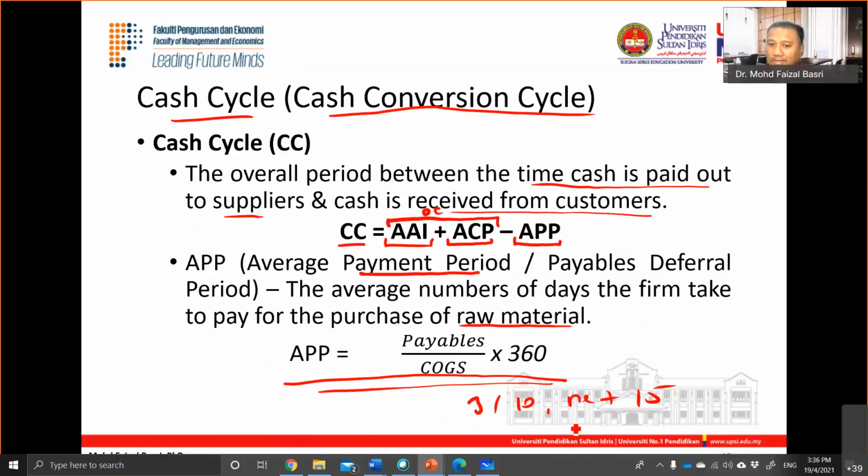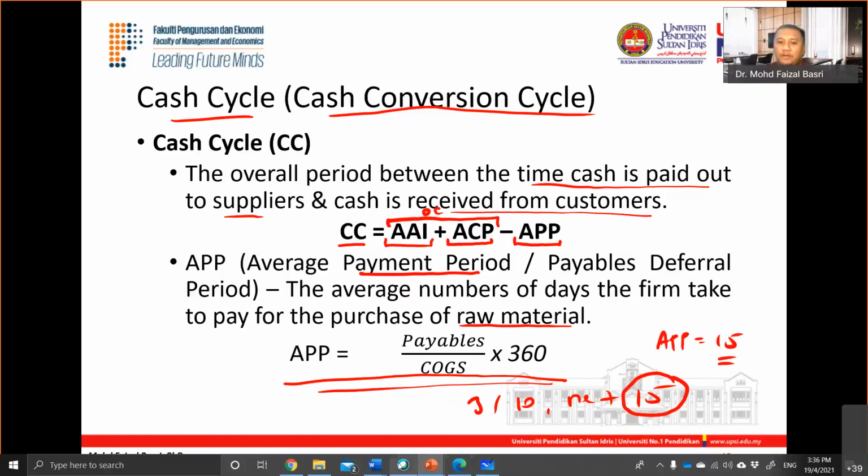So between these two dates, 10 and 15, obviously we're going to use this part as our payables. So APP would be 15 days in this case. Right, so we're going to use the one as late as possible. Right, so that's payables.